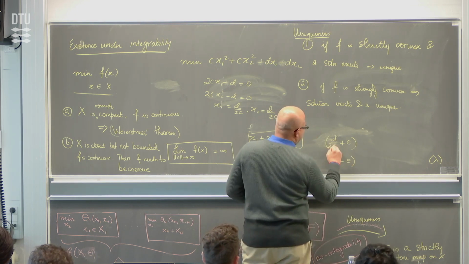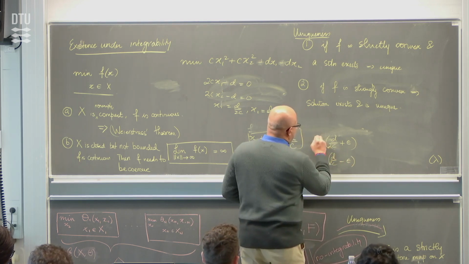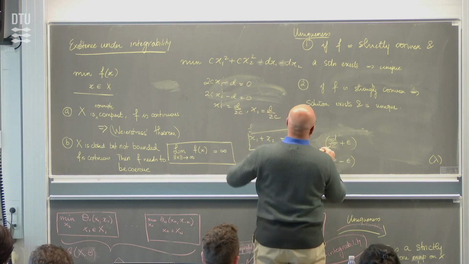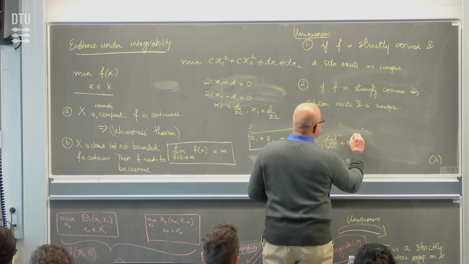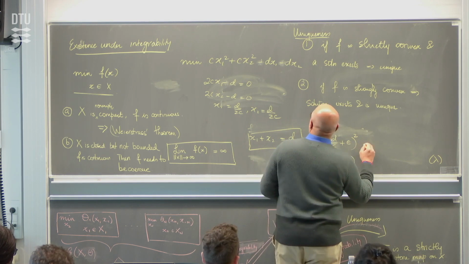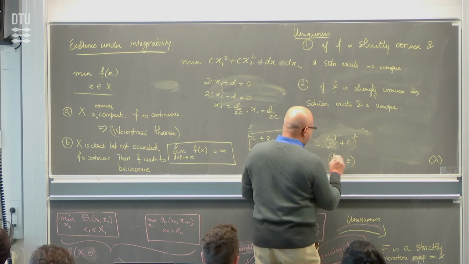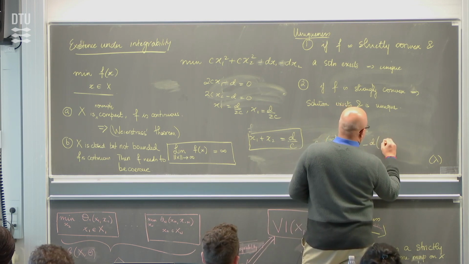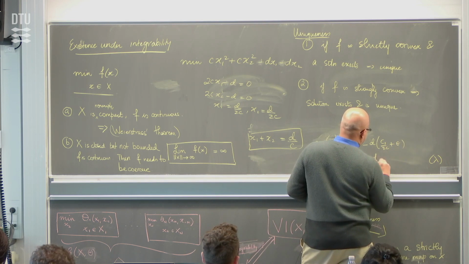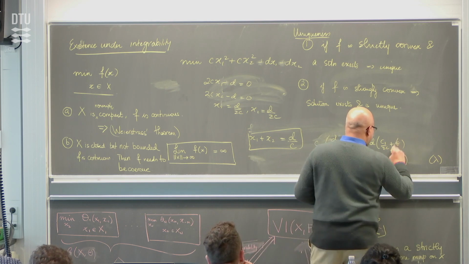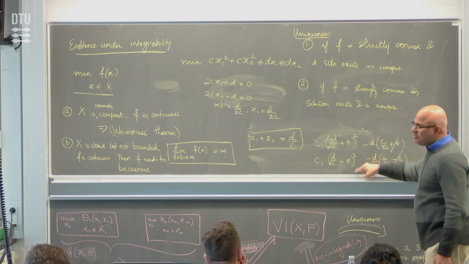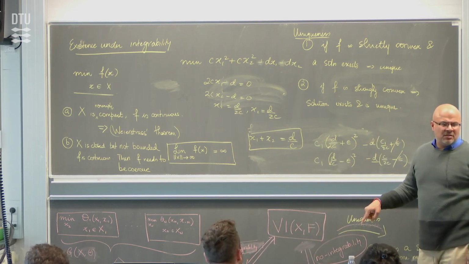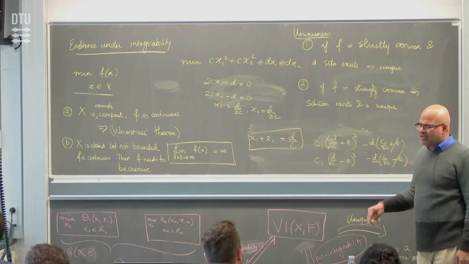The cost of this is going to be c x1 squared, and this is going to be c x1 squared minus d x1, with d upon 2c plus epsilon and d upon 2c minus epsilon. So this epsilon will cancel, but I don't think these epsilons cancel. So I don't think it's true.